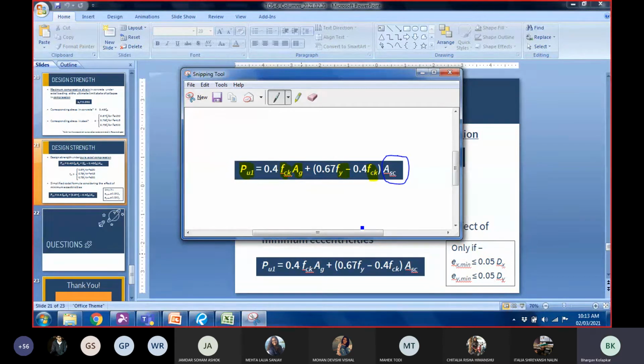Do you understand the difference between step 1 and step 2? Yeah. In the first step, we assumed something for the ASC, then we calculated AG. Now this is the AG that we are going to provide, so this is the true value.